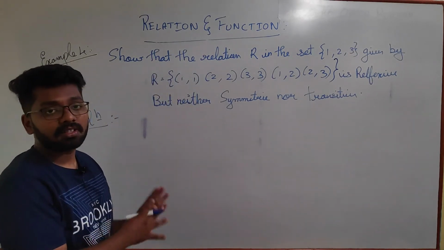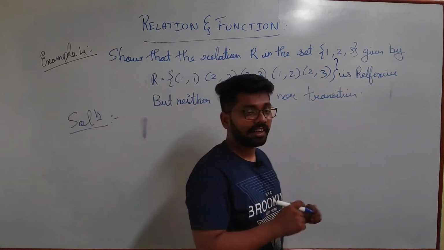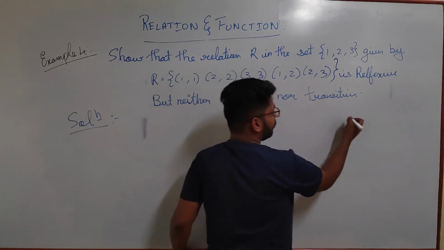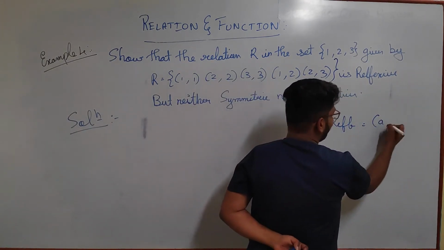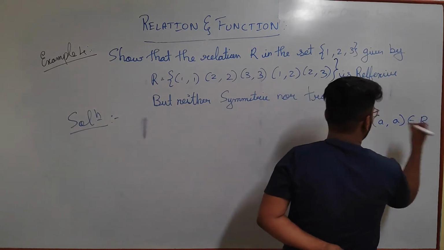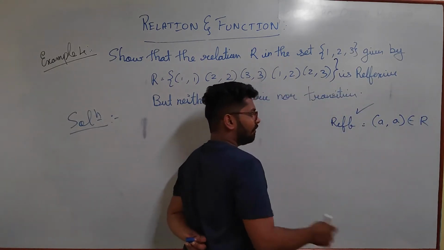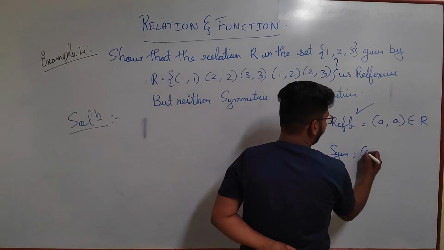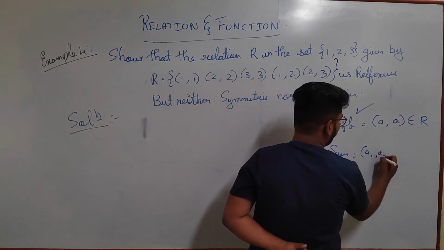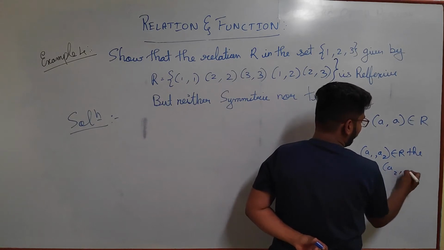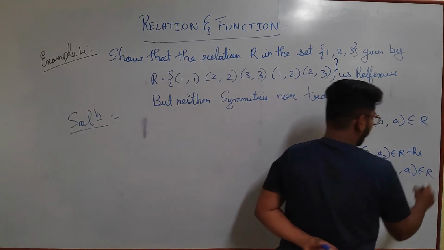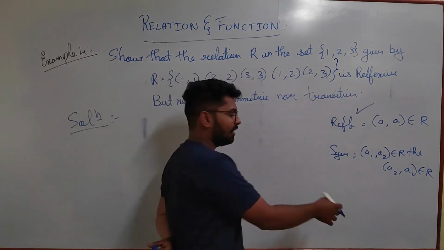So before proceeding with this sum, we will have a quick recap of what we have done so far. Reflexive means (a, a) should belong to R. Symmetric means if (a1, a2) belongs to R, then (a2, a1) should also belong to R. Basically a mirror image should be there.